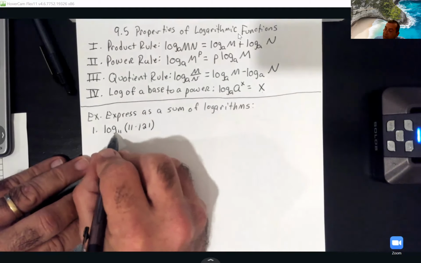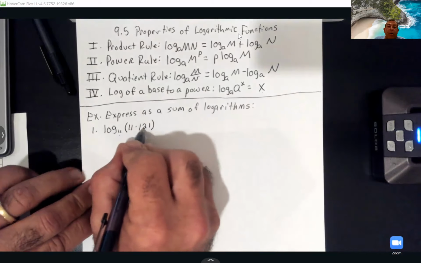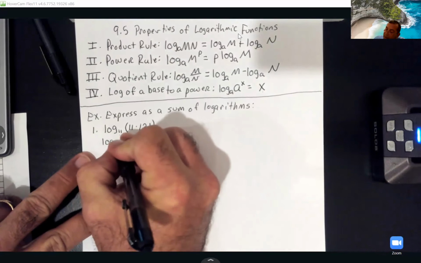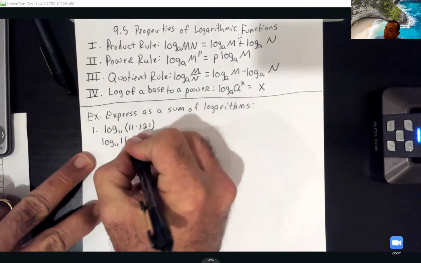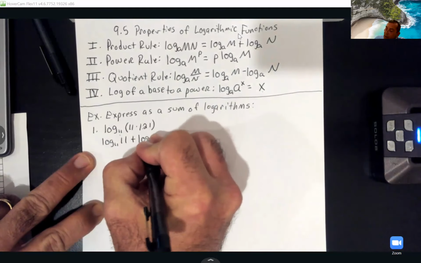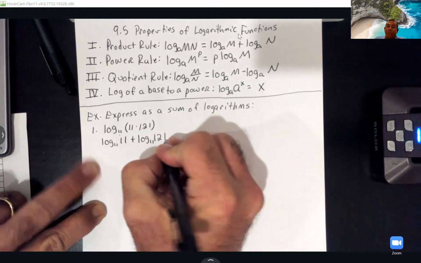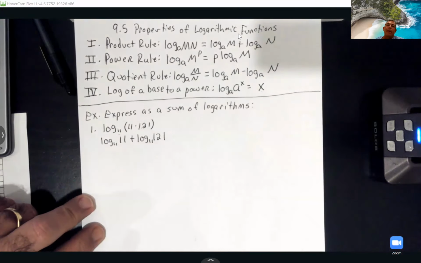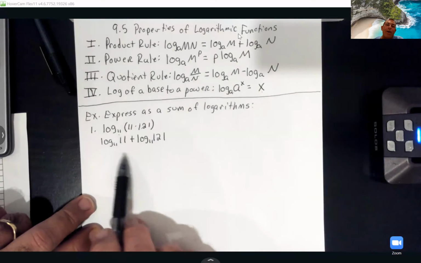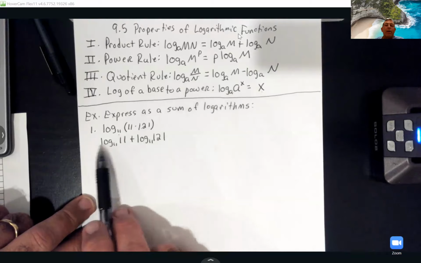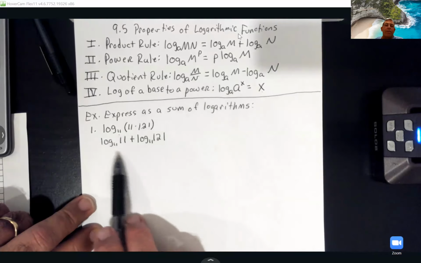So y'all distribute the log base 11 to both factors. You'll get a log base 11 of 11 plus a log base 11 of 121. Now remember, we could go further on this, but they just wanted me to rewrite it as a sum, so I don't have to go no further, okay?